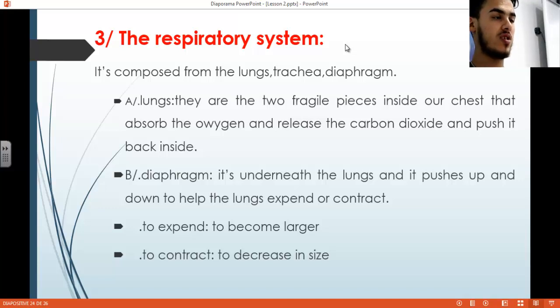It is also over the abdominal part of our body and it is an important part in our respiration process. So, the diaphragm expands, which means to become larger, or contracts, to decrease in size, and that helps in the absorption of the oxygen and pushes the carbon dioxide outside.